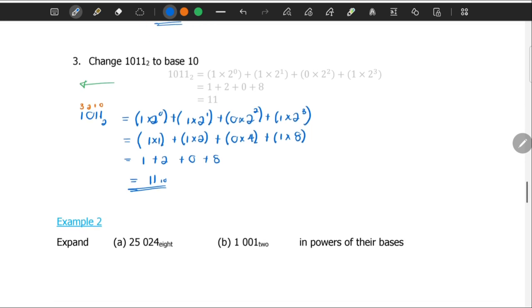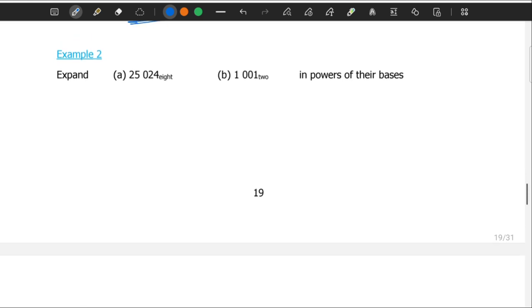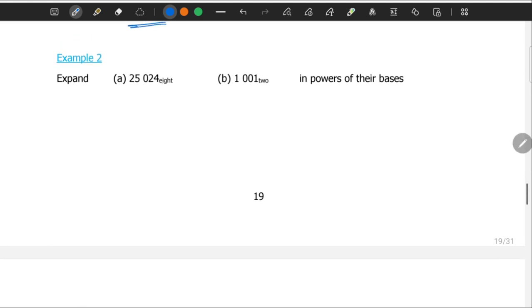So that's it. So if you could try, I can also expand the following examples. It says expand A and B in powers of their bases. So A is 25,024 to base 8. Again, from right to left, we write the powers on top.